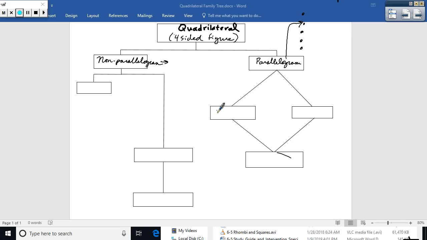Now, after that, I moved down here to the rectangles. Okay. And for the rectangle, I had just two more characteristics that made it more specific than just a general parallelogram. So for a rectangle, I put down they have 4 right angles. Okay, that's our definition, right? 4 right angles.